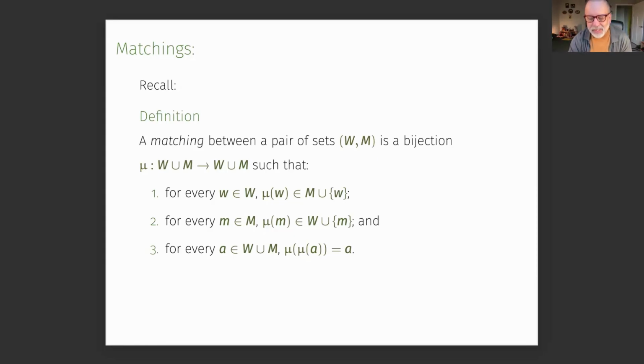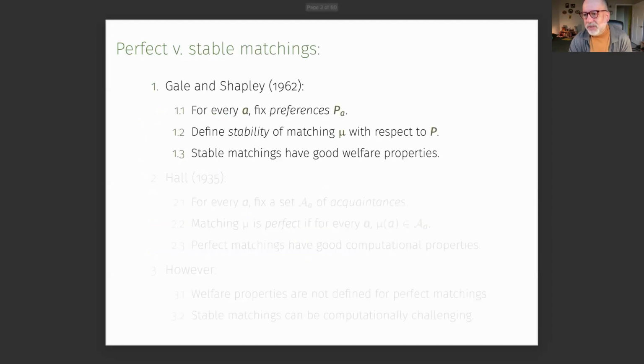So this is the definition, and typically in economics, the second thing that we learn when we learn matching theory is the following. We take as the main solution concept for matching theory the concept of stability.